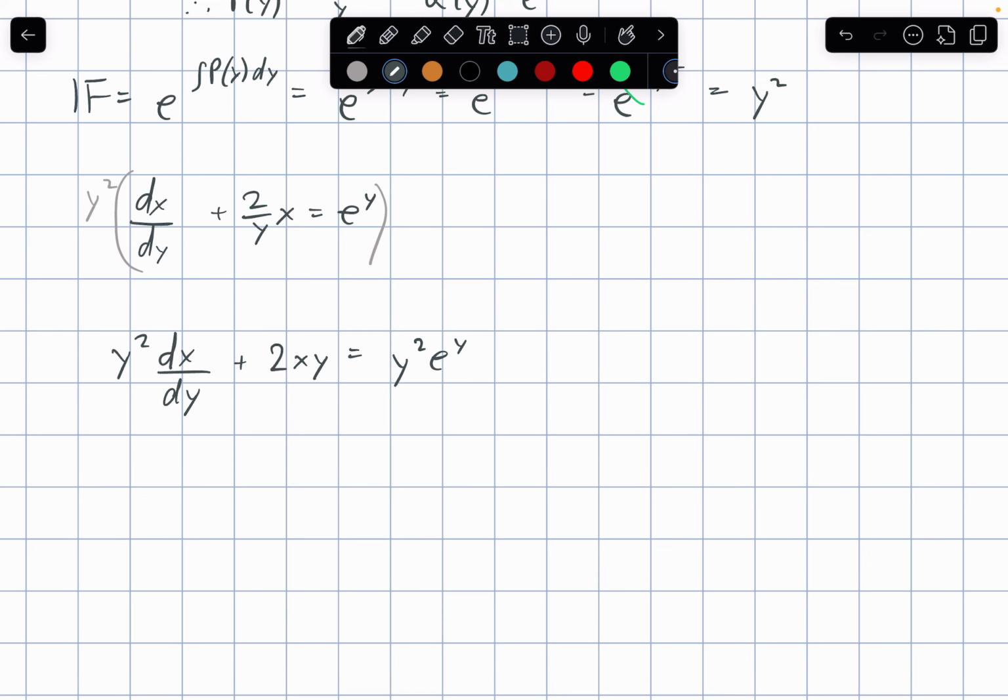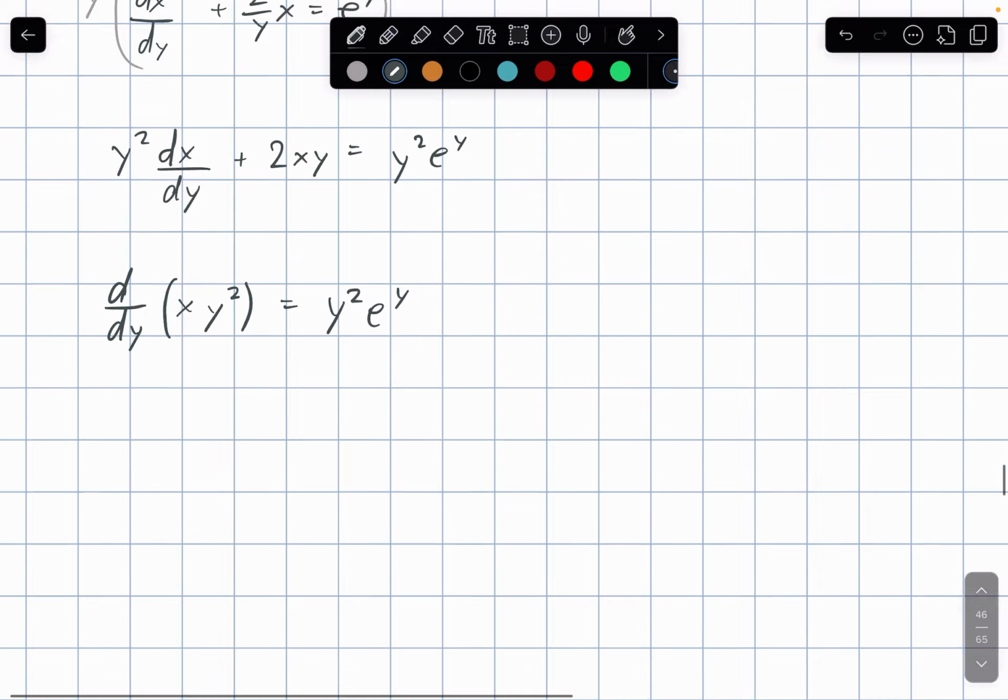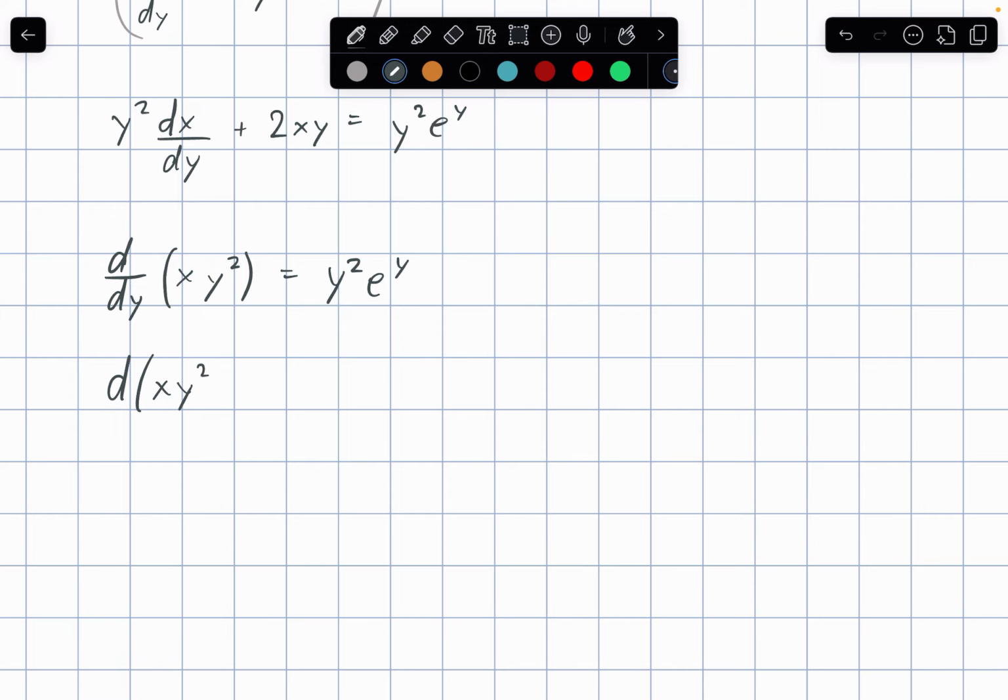Just keep going. Okay, d over dy of x and the integrating factor, y squared. Then just copy the right side, dy. Integral xy squared equal to... definitely we need to do integration by parts. That's not going to be hard though.